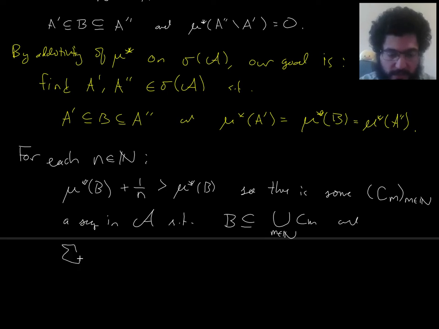And such that the series of mu's of these converges, what it converges to would be what we call the approximation from above, and that converges to something less than this. So let me say that it converges and that it converges to something less than this in the same statement here.